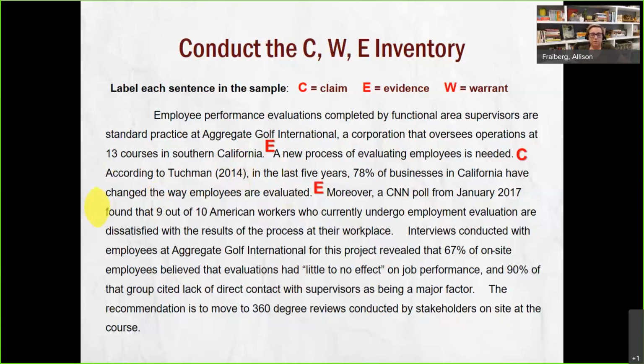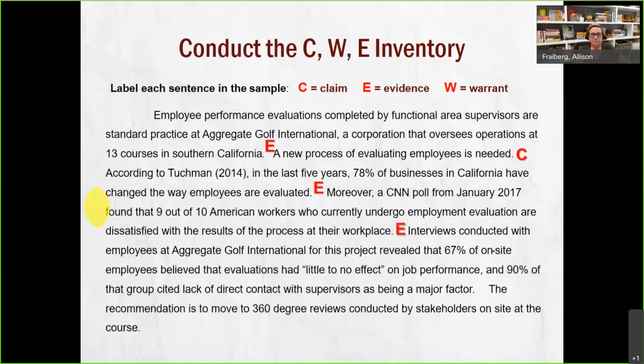Moreover, a CNN poll from January 2017 found that 9 out of 10 American workers who currently undergo employment evaluation are dissatisfied with the results of the process at their workplace. What's that? Is that a claim? Is that evidence? Or is that a warrant? Is that explanation of the evidence?